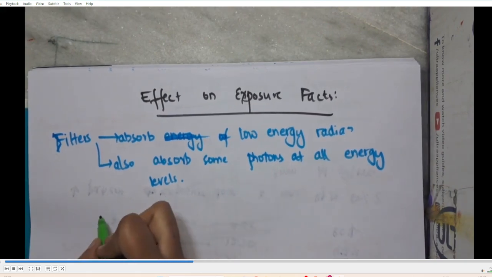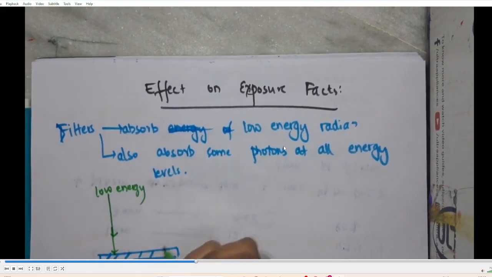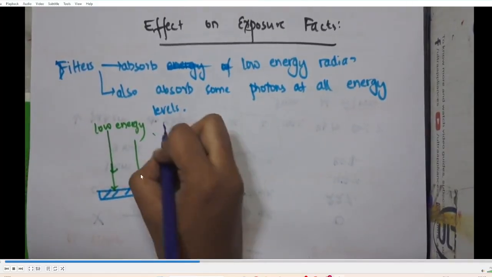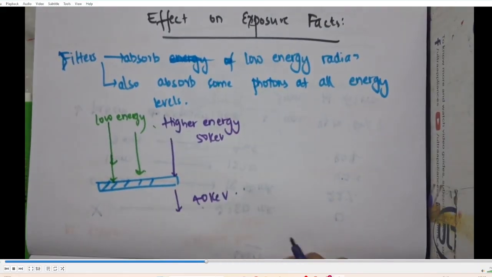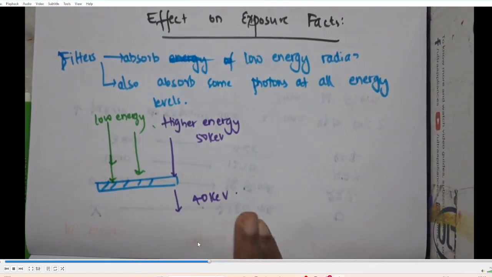We have low energy photons and we have high energy photons. On using the filters, the low energy photons are completely absorbed, whereas some of the energy of high energy photons is absorbed. As a result, the energy of the photon is decreased.